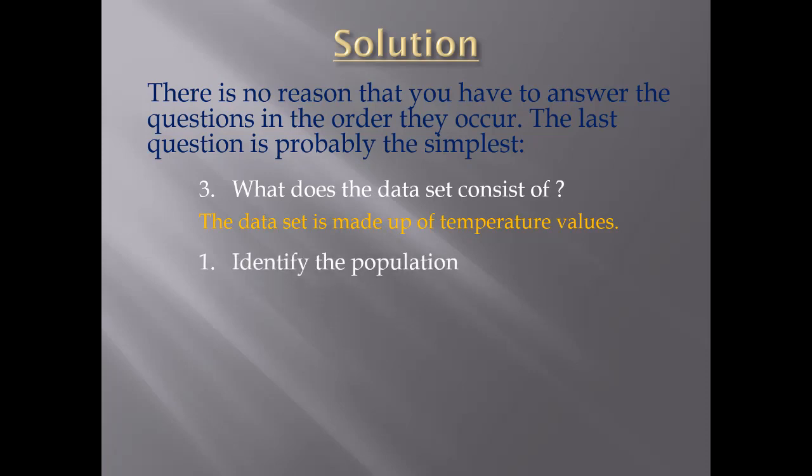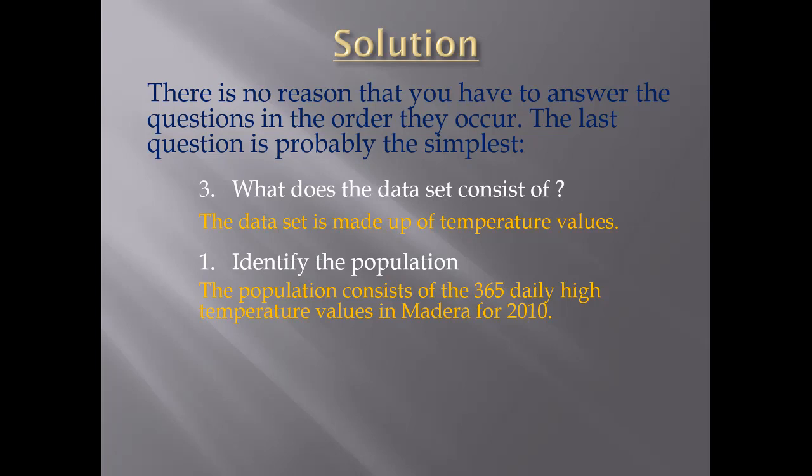What's the population? We're talking about daily high temperature values in Madeira in the year 2010. So that's what my population consists of, the 365 daily high temperature values in Madeira for 2010. Whenever we're describing a population or describing a sample, we always try to be as specific as possible.